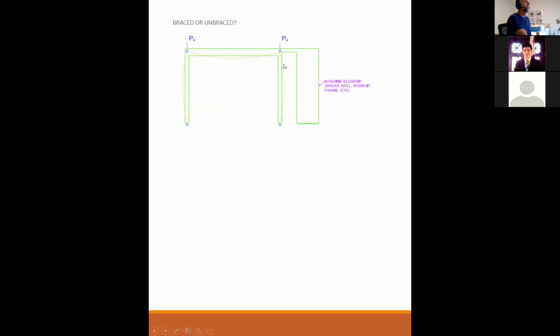They can only deflect straight down. And so this is a very different shape than a sway column. Okay, does this make sense to everybody? It's not allowed to deflect laterally, so it's being held in position laterally, but it can deflect out of plane due to the loads.